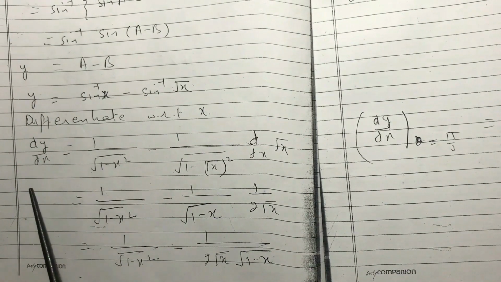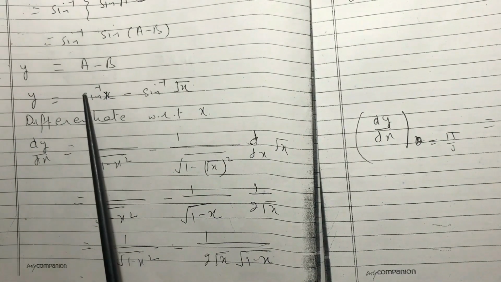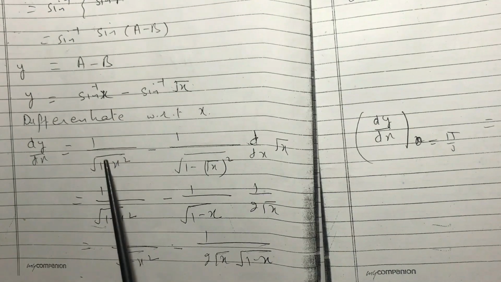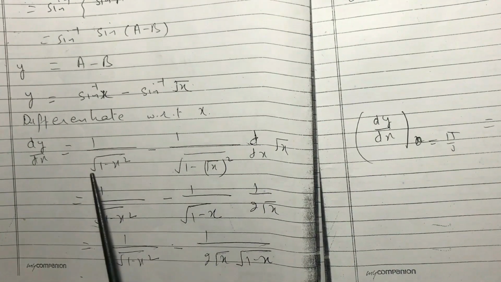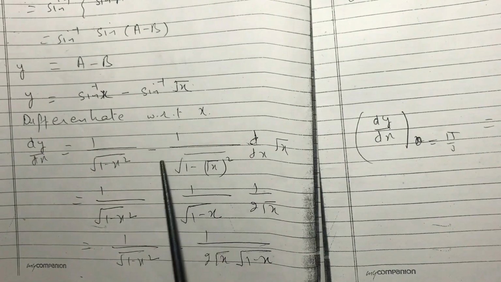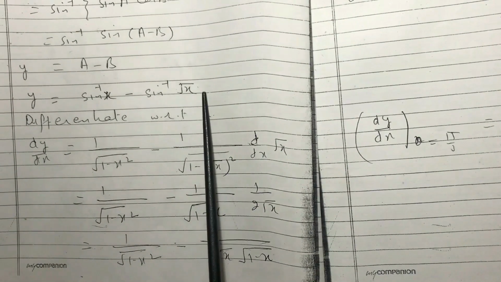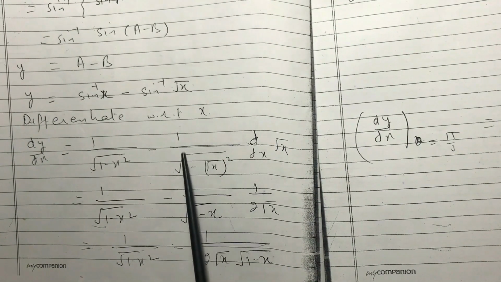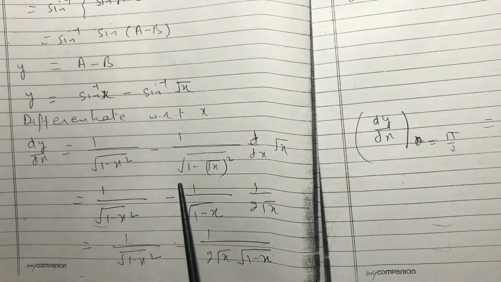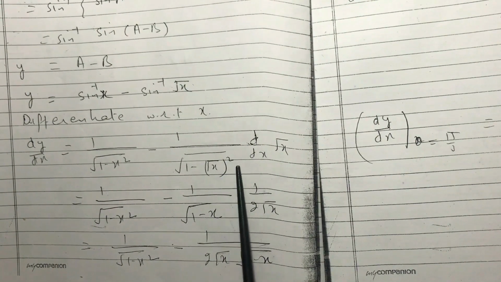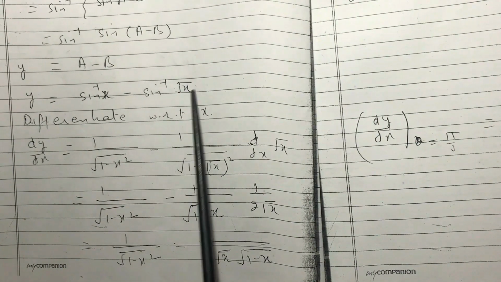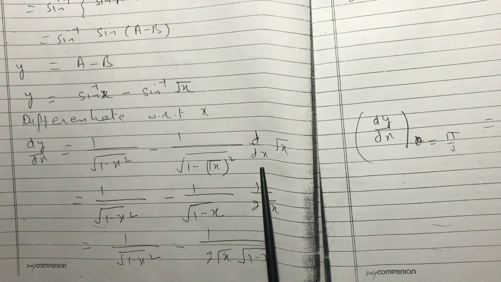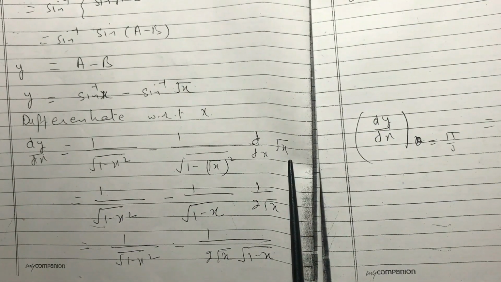Now dy by dx is equal to the differentiation of sin inverse x, which is 1 upon root 1 minus x square, minus the differentiation of sin inverse root x, which is 1 upon root 1 minus root x whole square, with respect to root x. So d by dx of root x.